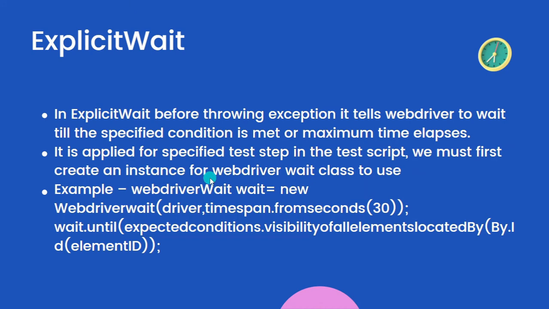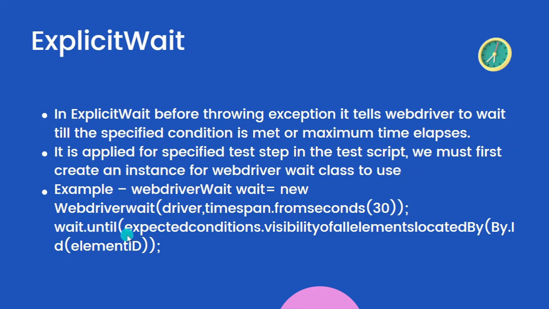So for declaring the explicit wait, we will make use of the WebDriverWait. We will write it as WebDriverWait wait equals new WebDriverWait(driver, Duration.ofSeconds(...)), and we will define the time here, and then we define the condition which it has to check.